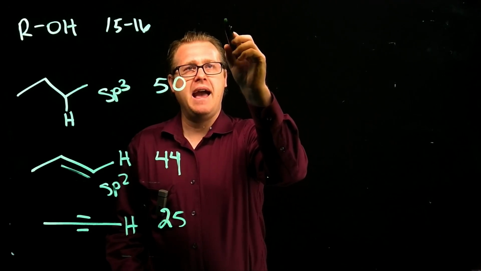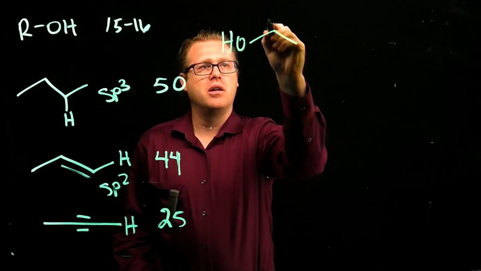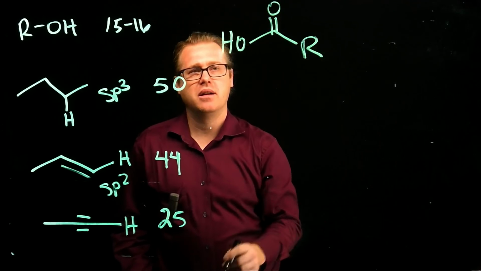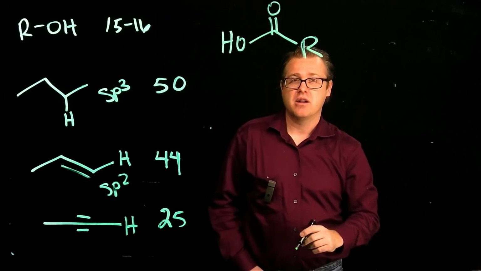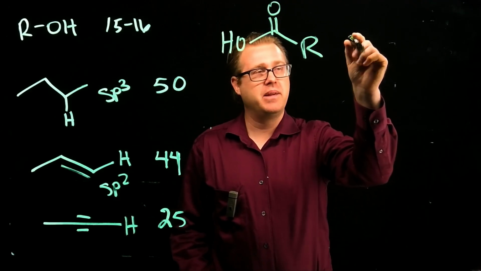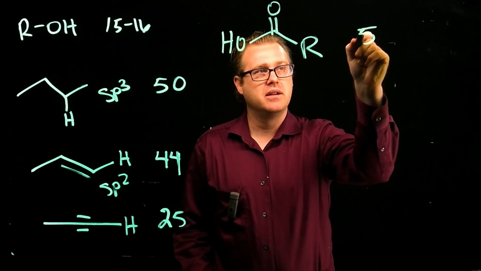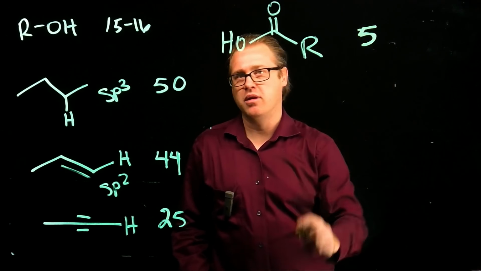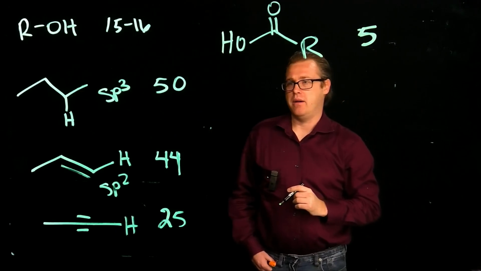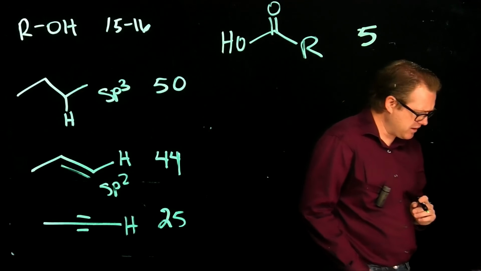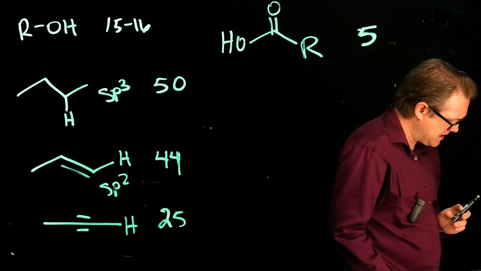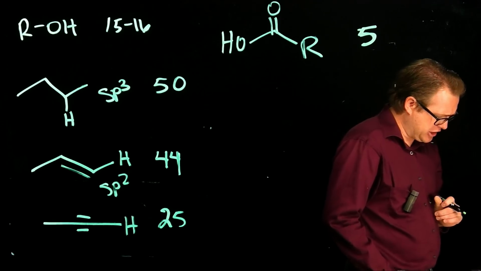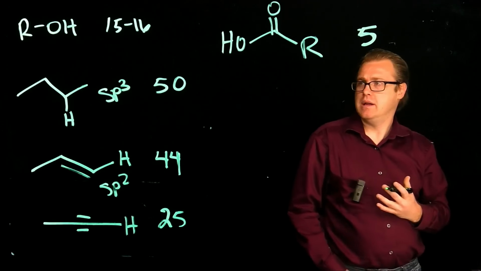Another good one to have is carboxylic acids. Carboxylic acids have pKa's around 5. If you can remember that number, it will serve you well. Let's see, what other functional groups come to mind that are important to just know?